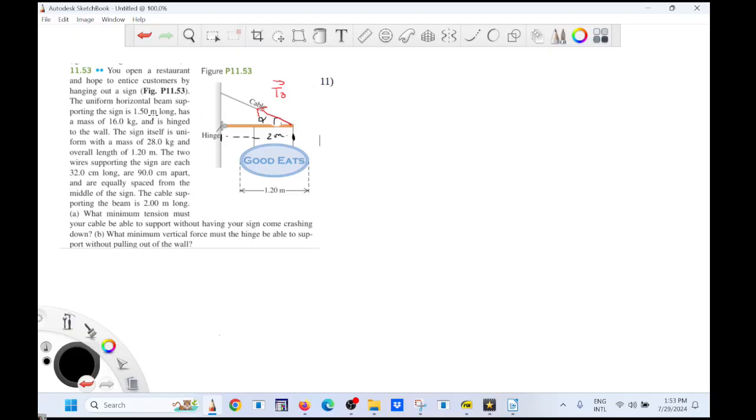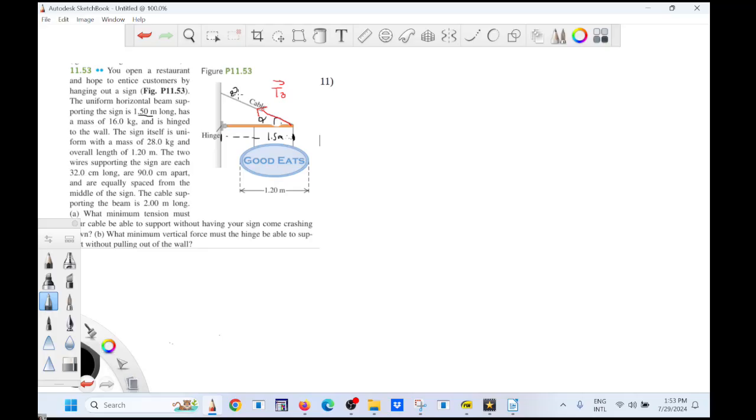The uniform horizontal is, no, just kidding, 2 meters. I don't know why I said 2 meters. It's the cable, which is 2 meters. So you see the first step you want to do is report all the information. So this is not 2 meters, it's going to be 1.5 meters. And then the 2 meters is the cable.